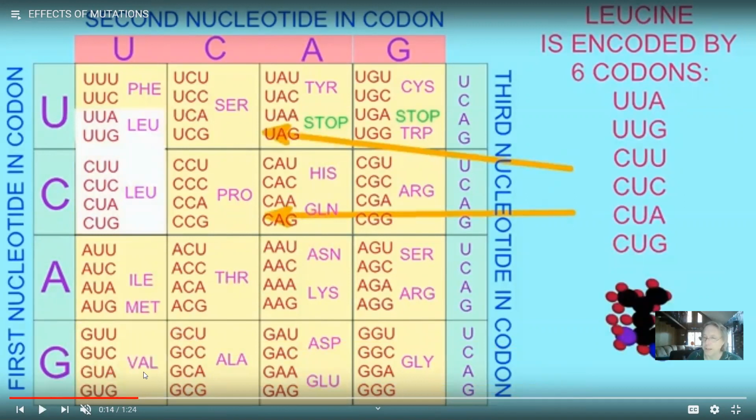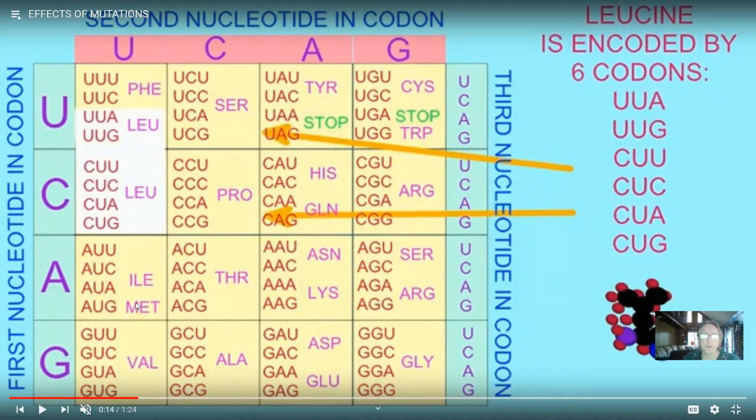So even though there was a change in the genetic code, changing say GUC to GUU, there would be no change in the amino acid sequence of the protein. And so therefore, it could be a silent mutation, which has no effect.